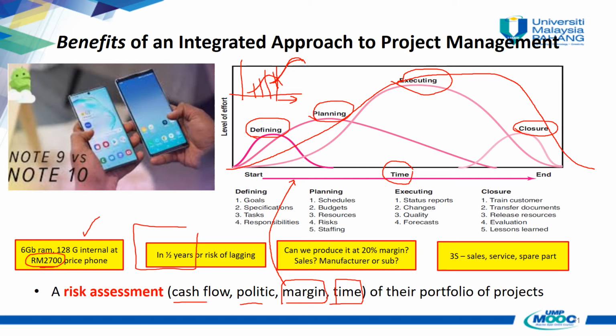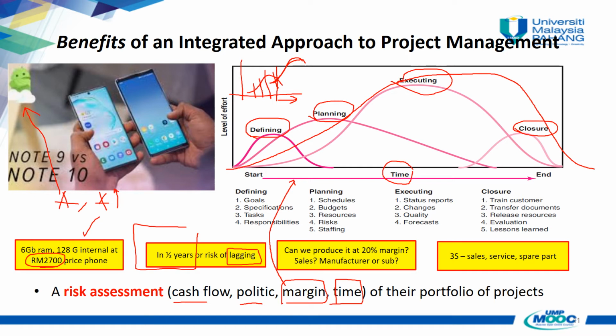Why? There is a risk of lagging because during this time, this Note 9 here is the Android base. If they take more time than this half year, they will be lagging compared to Apple, because Apple will produce a new phone for each summer, most of the time in the month of 8 or 9.